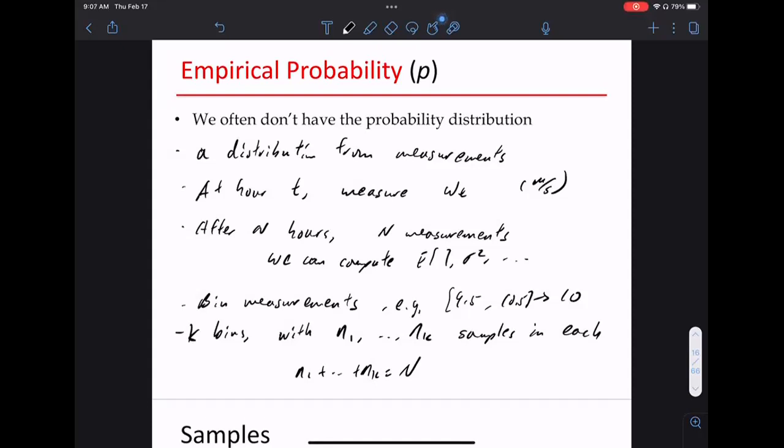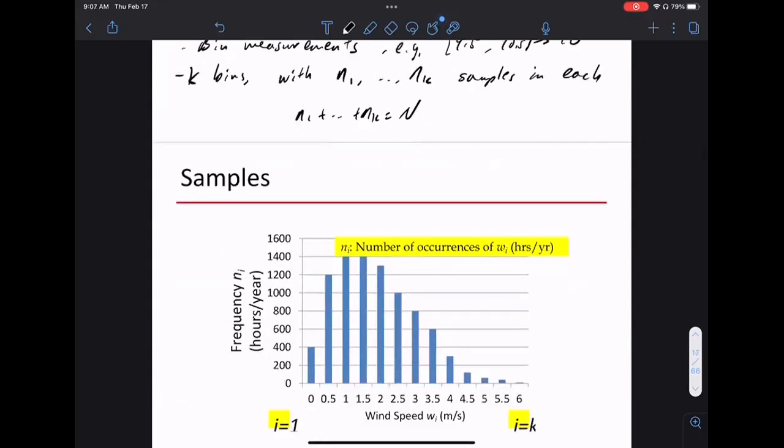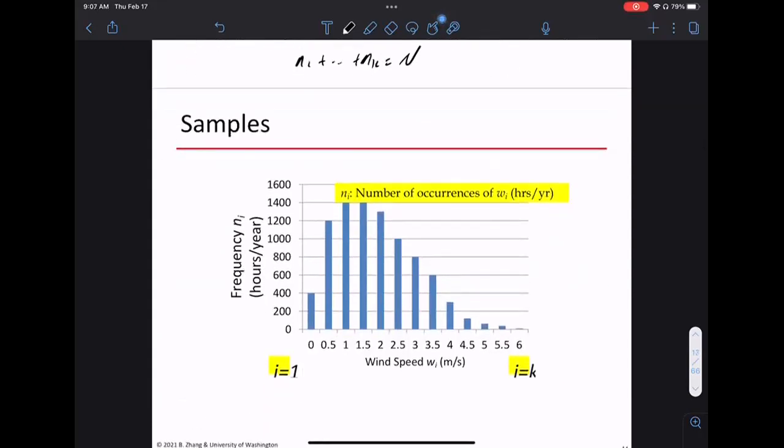The reason for doing this procedure is to show something like this. You bin this because you want to build a visual curve like this. It's more likely to have speed here, less likely to have speed here, and the tail is quite long. These you can see by visual representation. It's hard to get a number to exactly describe how long a tail is.